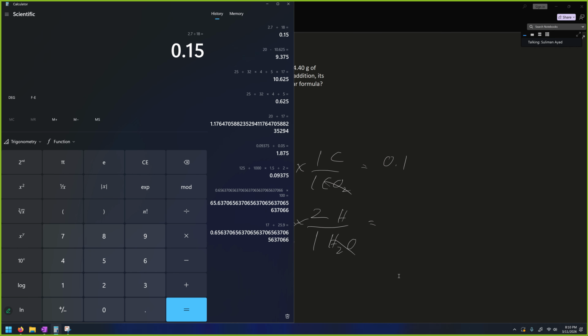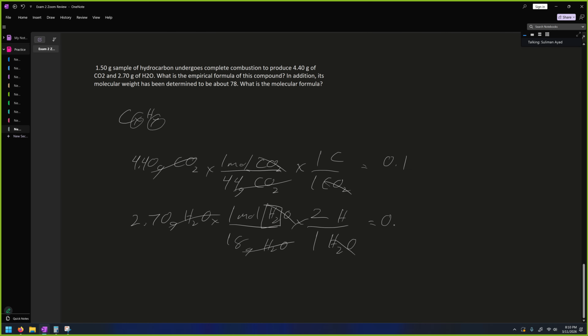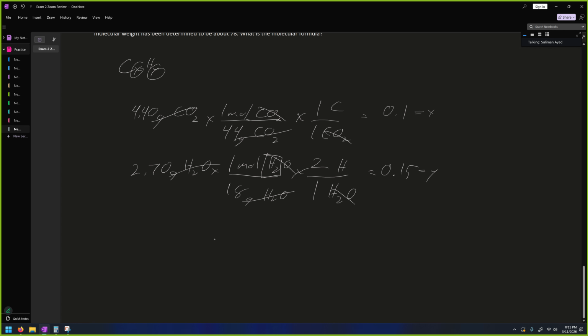Yeah, I was pretty far off. 0.15. Now what we're going to do is plug those values in for our X and for our Y in this empirical formula. So C 0.1 and H 0.15.